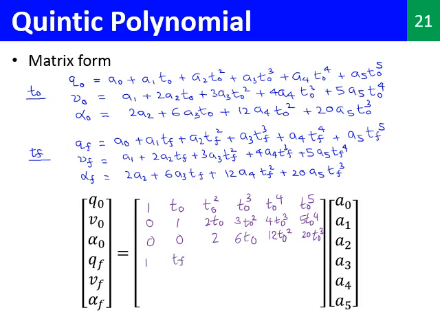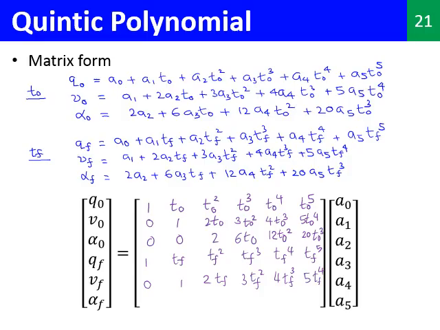And similarly for the fourth row we have 1, tf, tf squared, tf cubed, tf to the power of 4, and tf to the power of 5. And fifth row we have 0, 1, 2 tf, 3 tf squared, 4 tf cubed, and 5 tf to the power of 4.